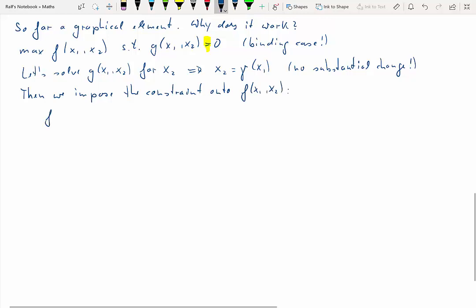So we're going to impose this onto f(x1, x2). So f is a function of x1 and x2, but now rather than stating x2, we use the imposition that x2 ought to be on the constraint, and if x2 is on the constraint, it is the function gamma of x1.